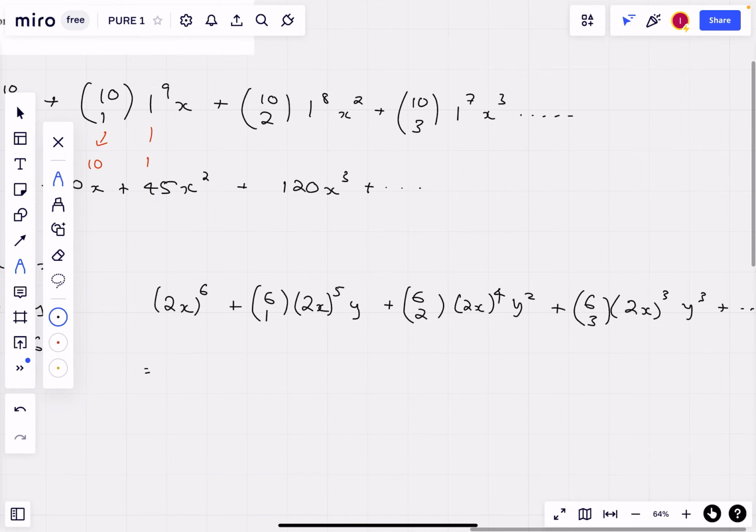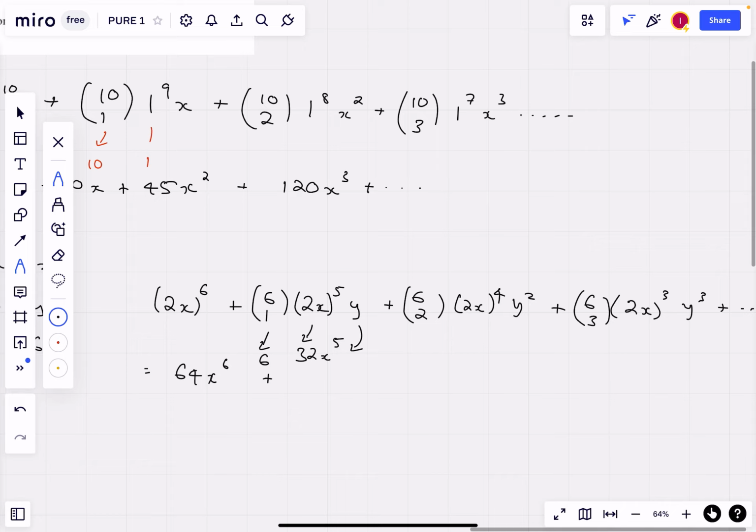2x to the power of 6 gives you 64x to the power of 6. The next one, 6c1 gives you 6. 2x to the power of 5 gives you 32x to the power of 5, and then you've just got y.